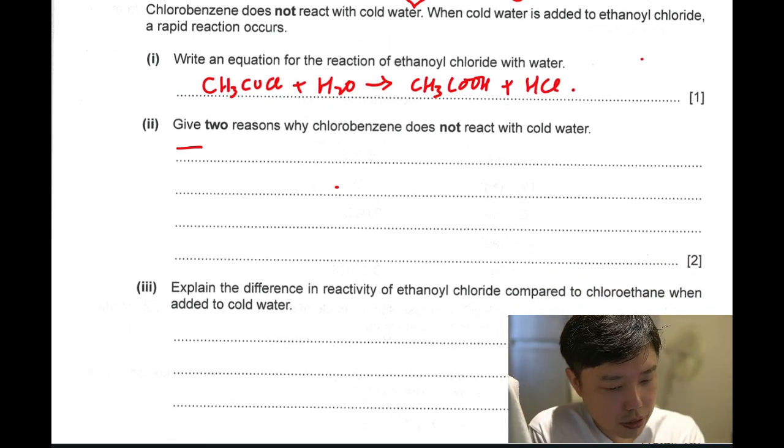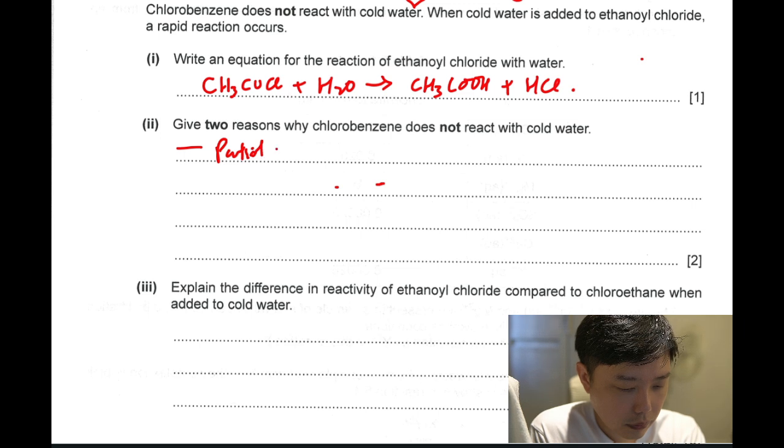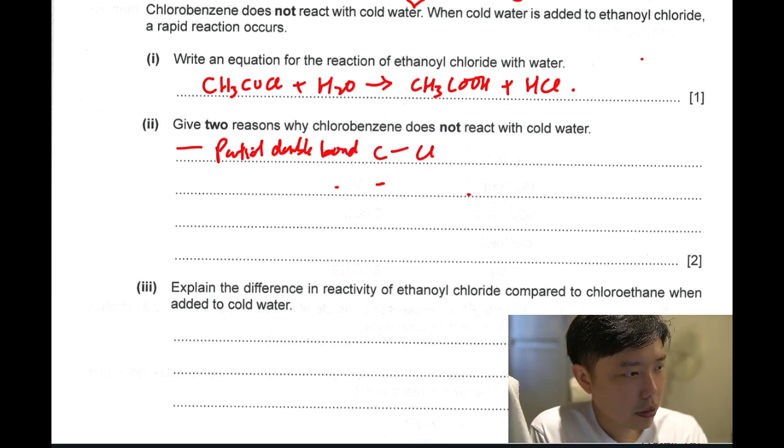So the first reason is because you have a partial double bond between the carbon atom and the chlorine, due to the delocalization of the lone pair of electrons from chlorine into the benzene ring. So this is reason number 1. Reason number 2, water is a nucleophile.